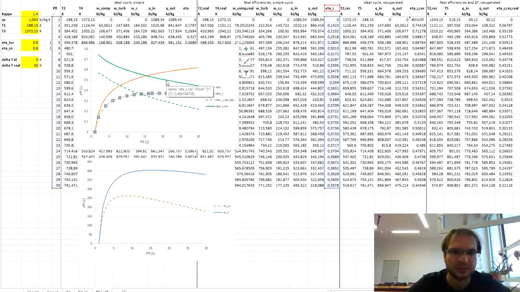Then when we have a look at the recuperated cycle, so the ideal one is over here, where we can see that actually the efficiency is decreasing with the pressure ratio. And when we add the efficiency of the components, the curve is still decreasing and we have it over here.